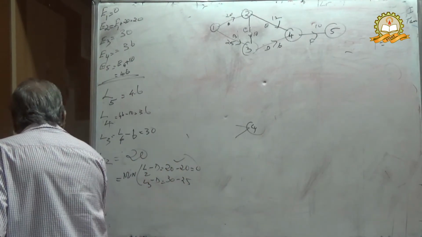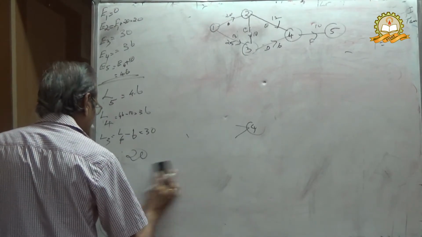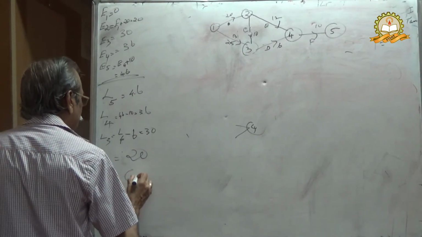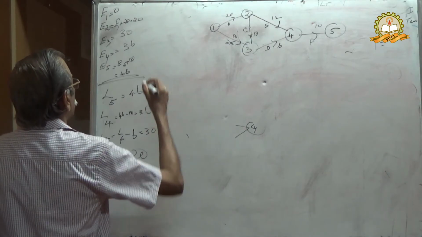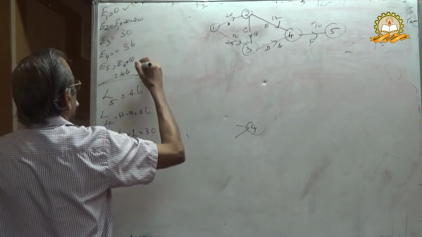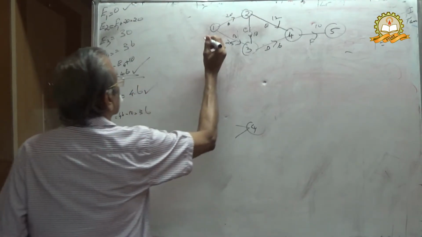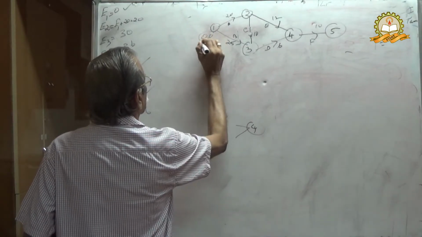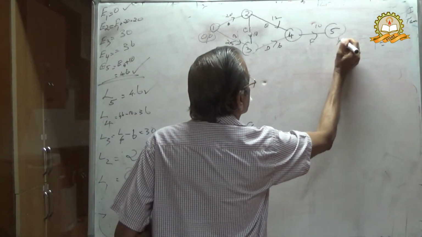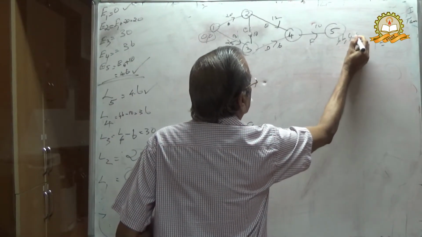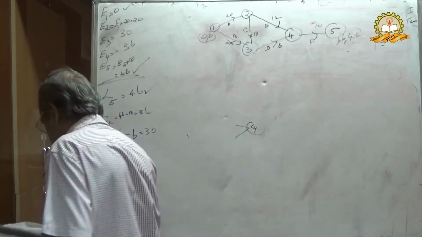Therefore, L1 equal to 0. L1 equal to E1, and L5 equal to E5. Therefore, this will be 0, 0, and this is 46, 46.